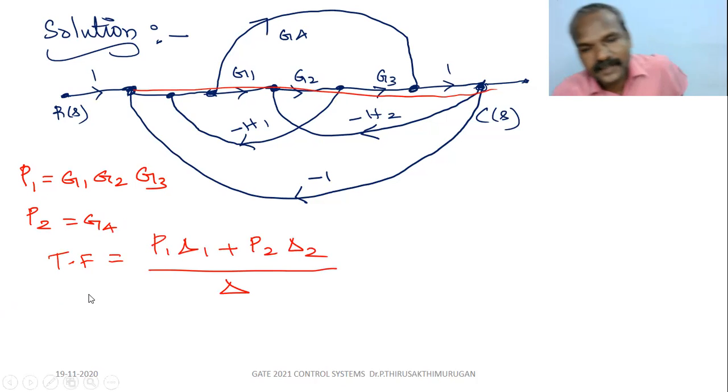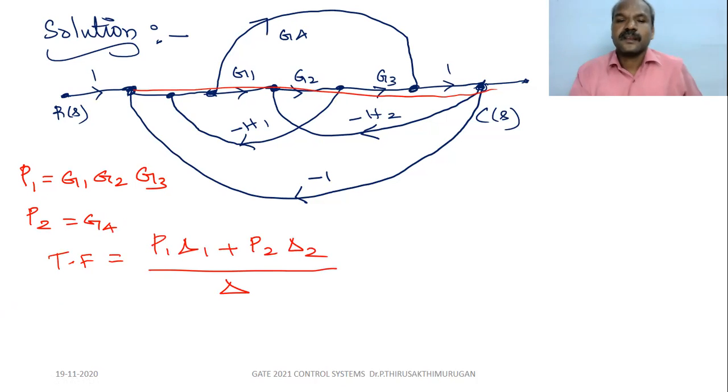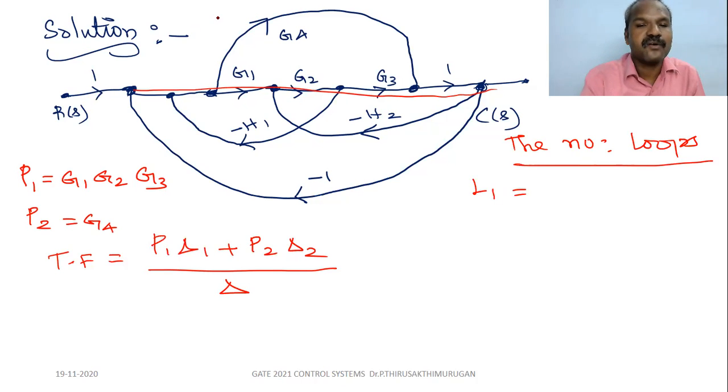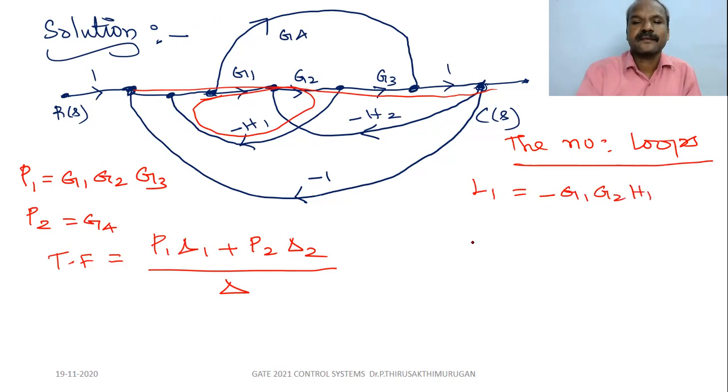For calculating delta, we need the number of loops. How many loops are available here? L1: loop 1 is minus G1, G2, H1.